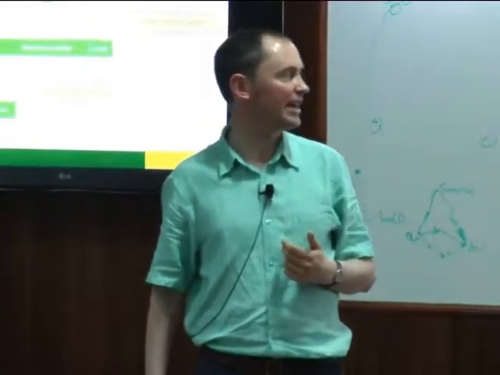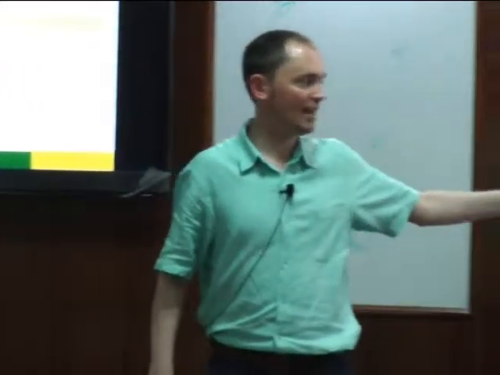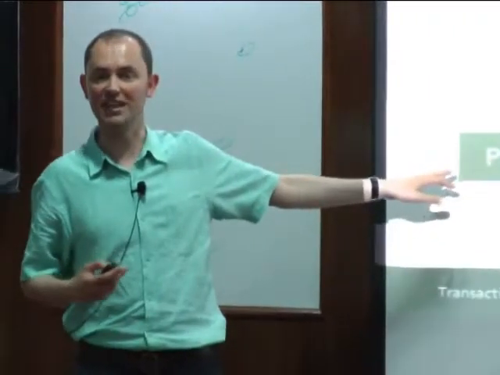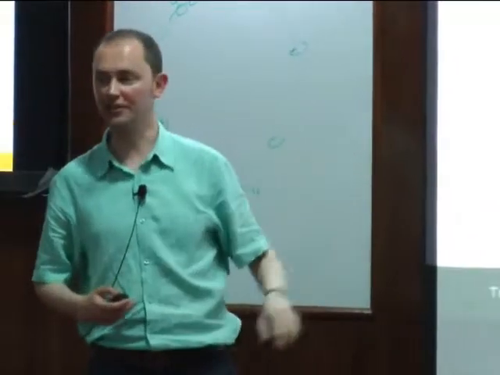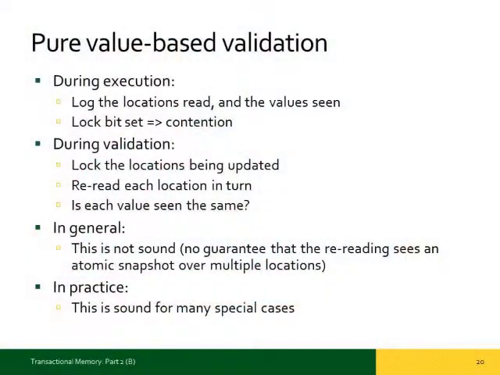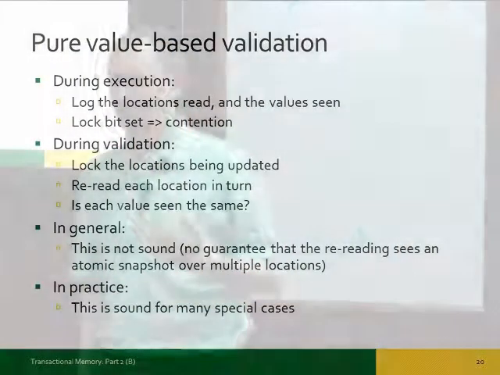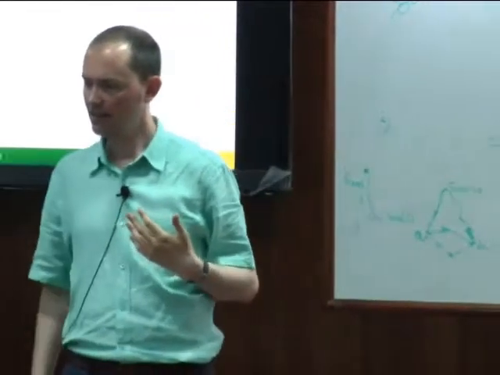Now, the difficulty we have is how to actually maintain correctness of the transactions once we've got rid of the version number. Because if we were to implement this in a naive way, then we'd find that the system would not actually provide atomicity or isolation.